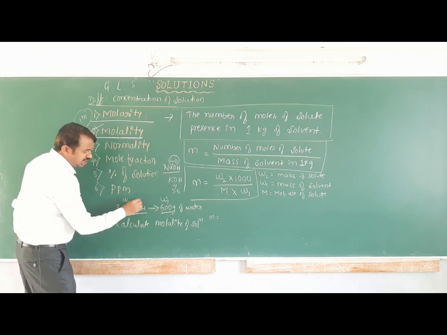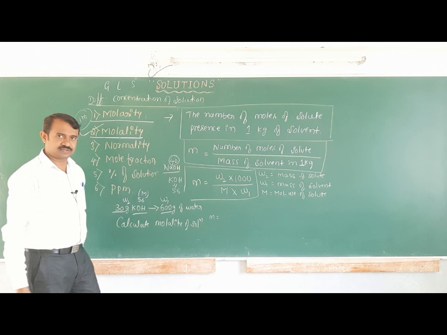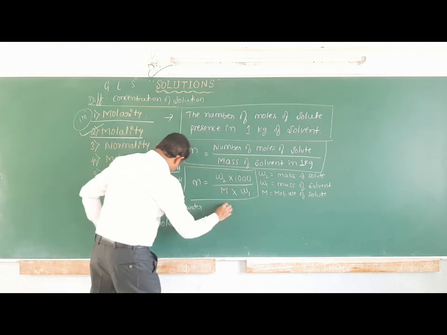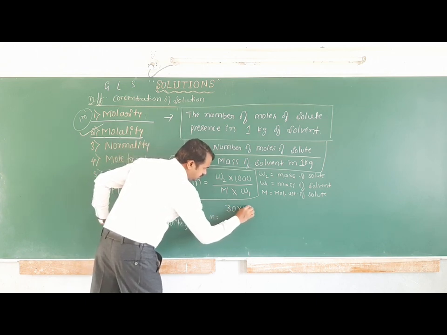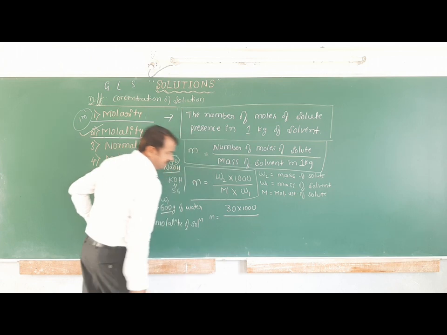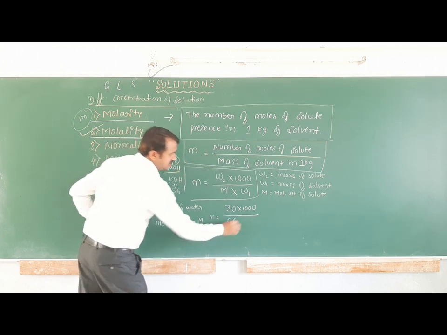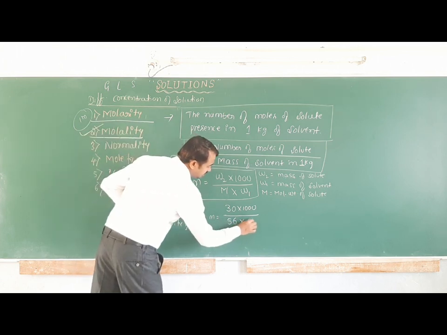What is the molecular weight of potassium hydroxide? 56. Here W2 is 30 into 1000 divided by the molecular mass of potassium hydroxide 56, and the mass of solvent is 600.